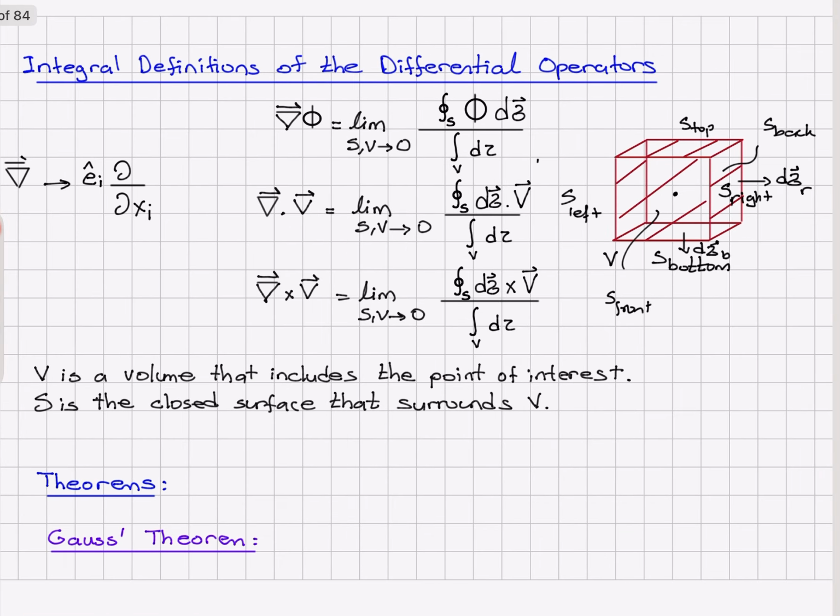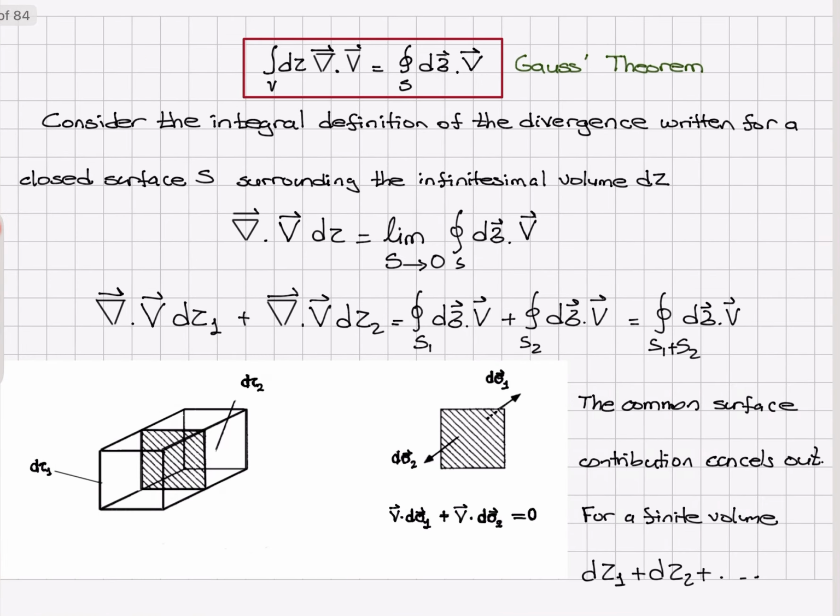Okay, so the first important theorem we talked about was Gauss theorem, which states that the integral over the volume of divergence of V d tau, for a finite volume, is equal to the closed surface integral d sigma dot V, where S is the closed surface surrounding that volume.